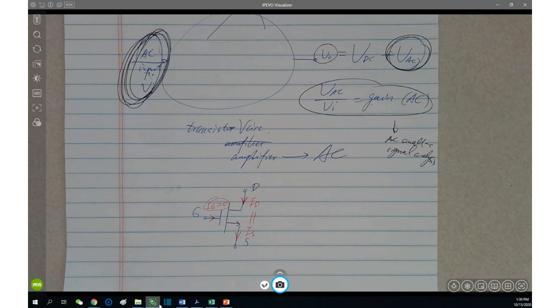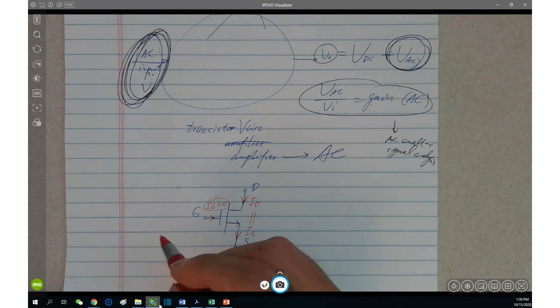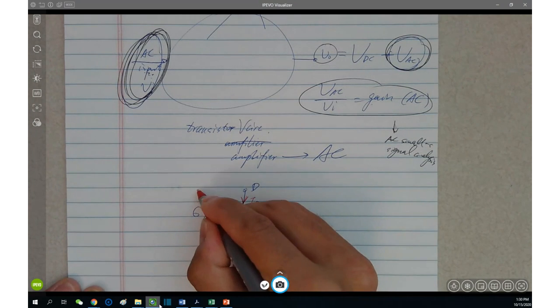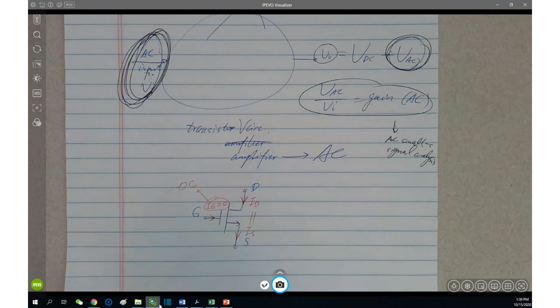Gate current 0 means what about the gate? It should be closed. It's open. Very good. Sorry. Open circuit. I think you mean the same, but we don't say closed.